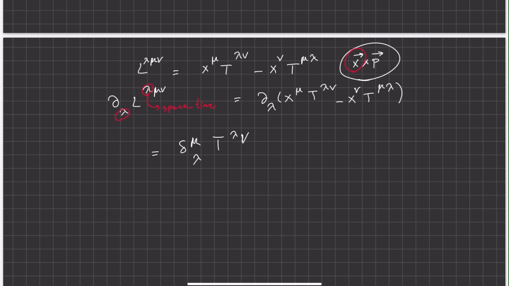The other term is going to be x mu t lambda nu minus delta nu lambda t mu lambda, again minus x nu derivative with respect to lambda of t mu lambda.